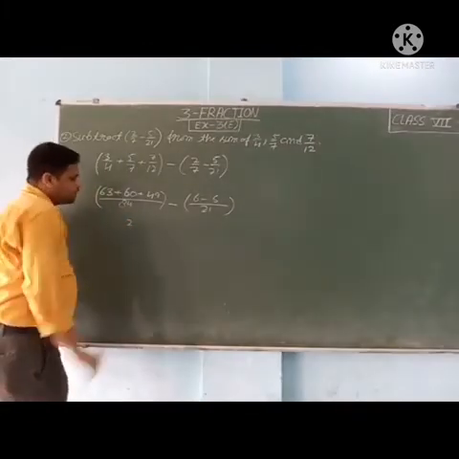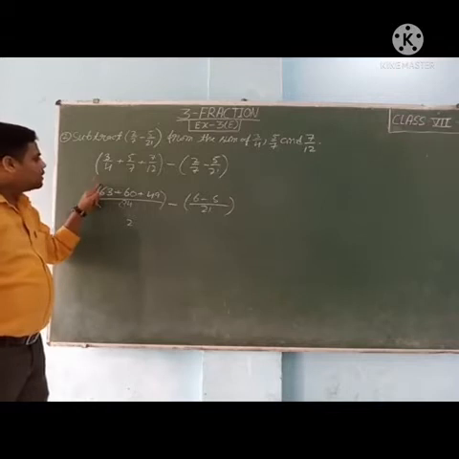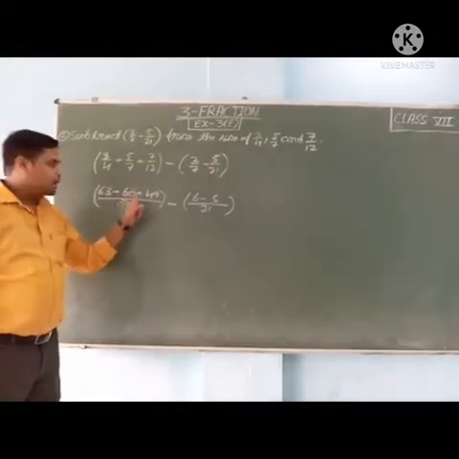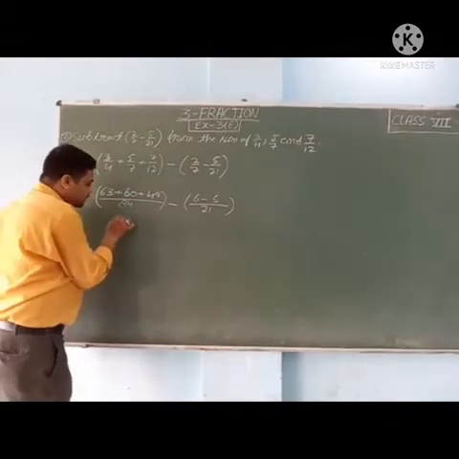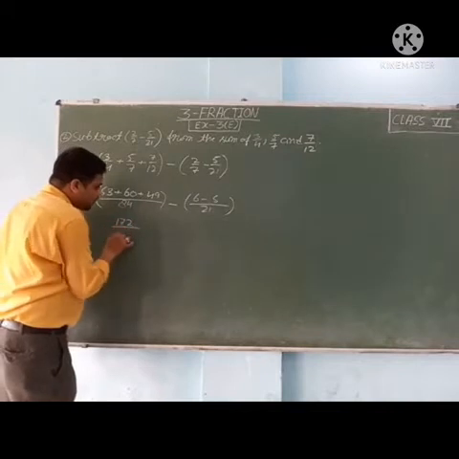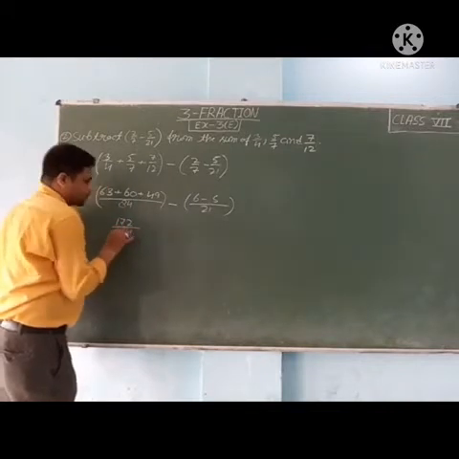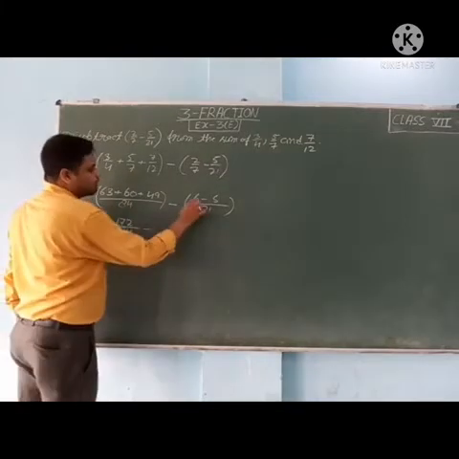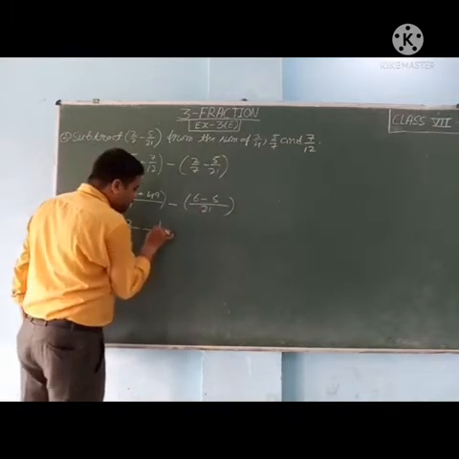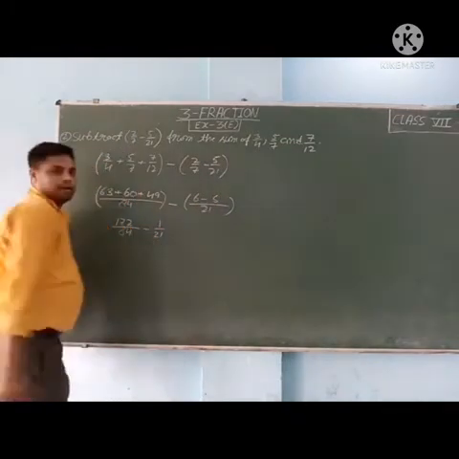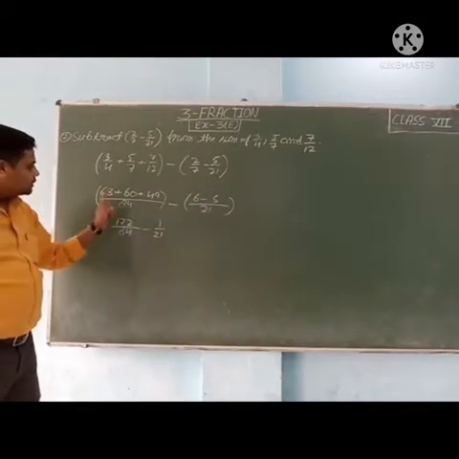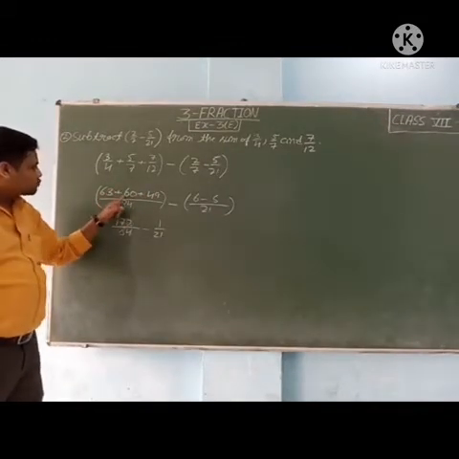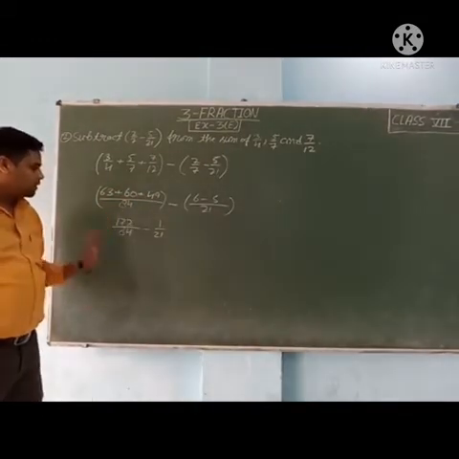So 63 plus 60 plus 49. 12 carry 1, 6 1 7, 7 6 13, 13 plus 4 17. 172/84. Then minus 6 minus 5, 1/21. Yes, correct.